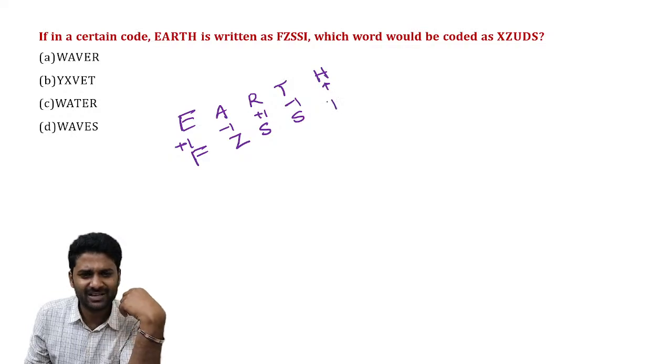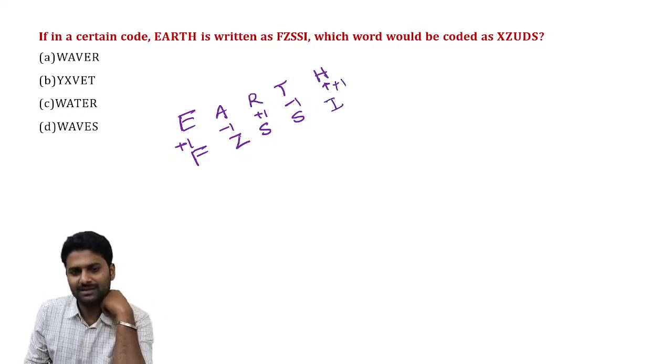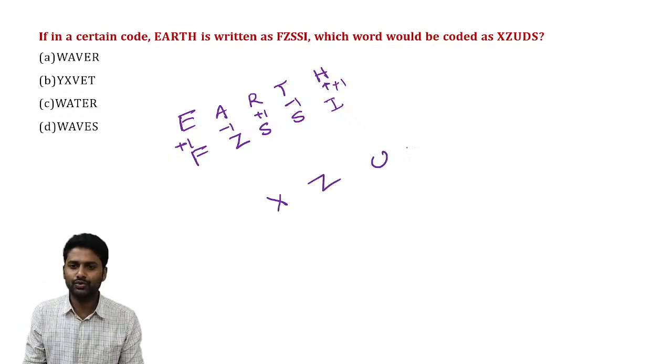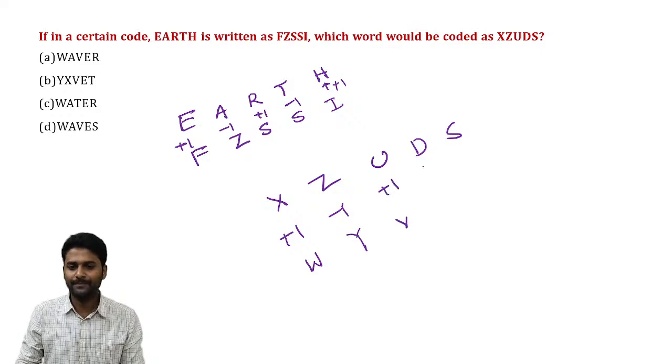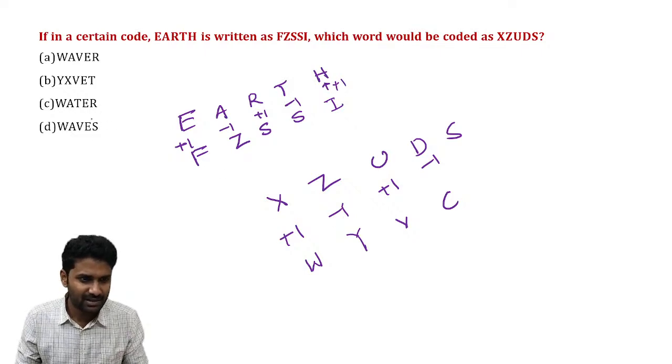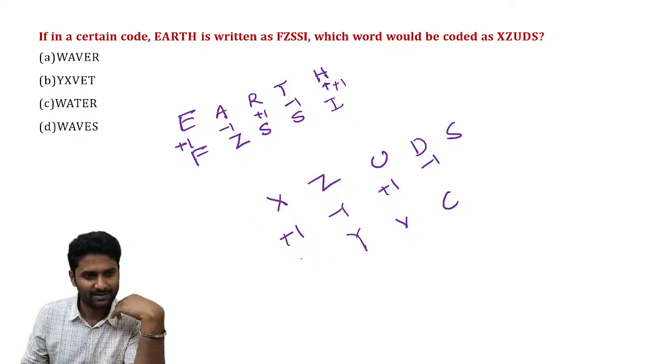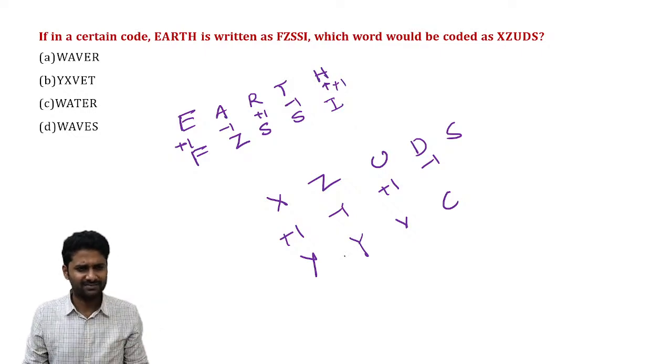It is increasing and decreasing by 1 alternately. Now the question is X, Z, U, D, S. If you go for minus 1, X becomes W, Z plus 1 is Y, and so on. Sorry, it's X, Y.